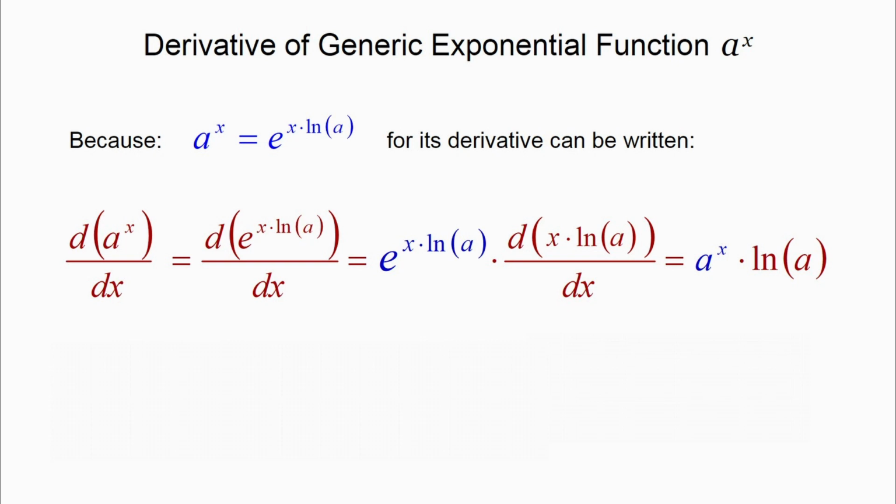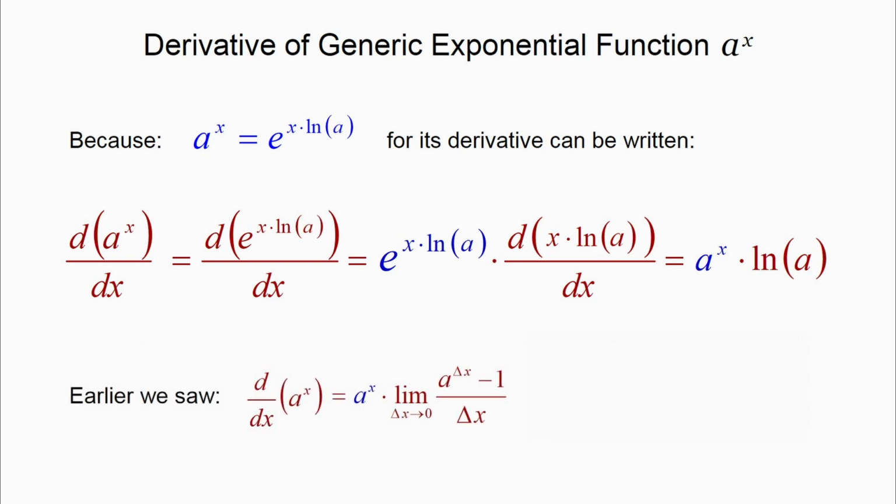A few minutes ago, we found that the derivative of a to the x equals a to the x times the limit for delta x going to 0 of a to the power delta x minus 1 over delta x. That means that ln a must be equal to that limit value. Obtaining its value by means of the Taylor series expansion is, however, beyond the scope of this video.